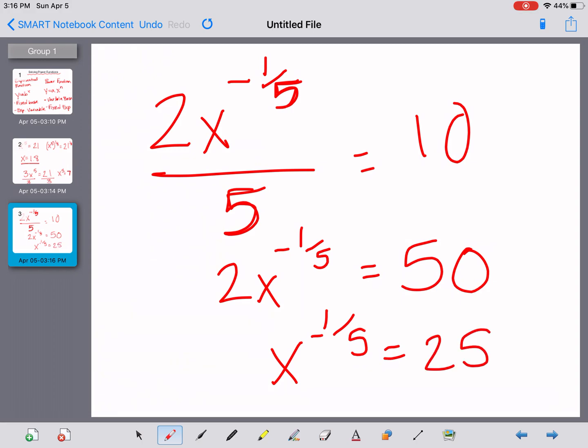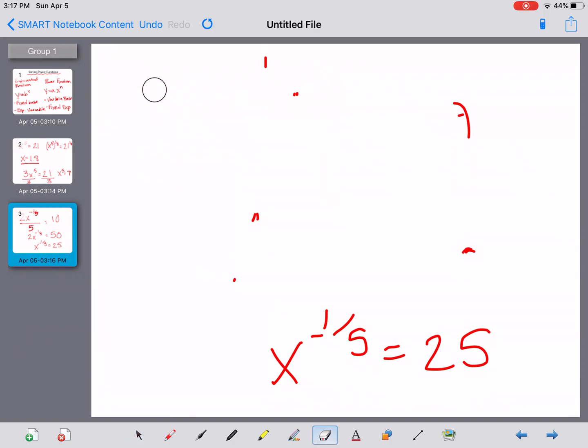Okay, now how do I deal with this? Well, the same way, where this is actually the same thing as saying that this is rooted. So I can take this to the power of, let me move all this over. Give me a second.